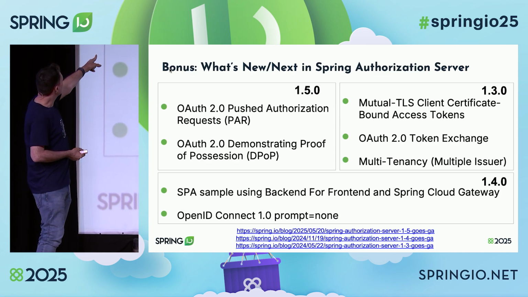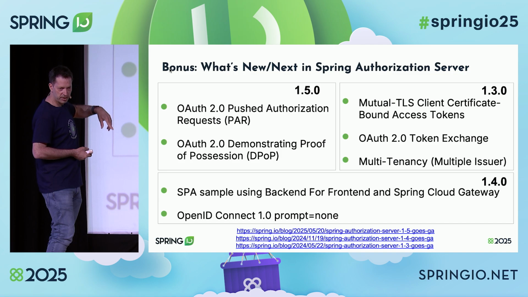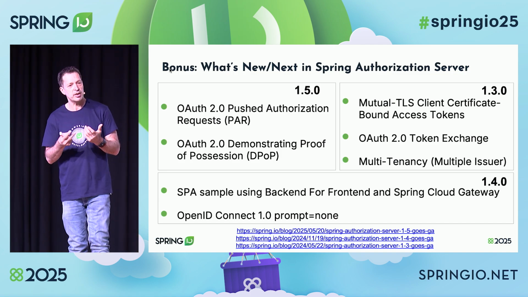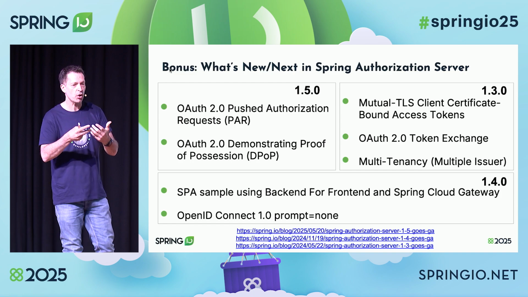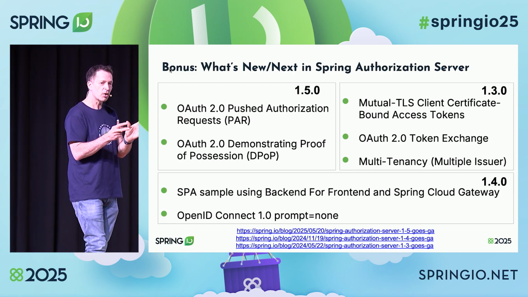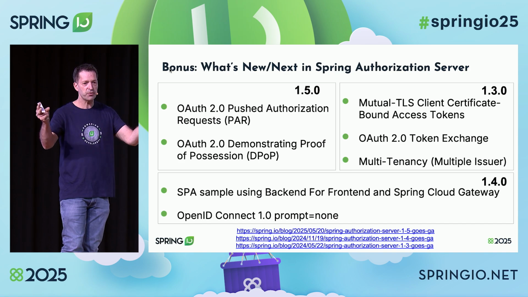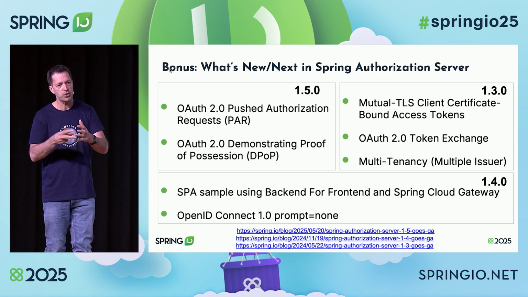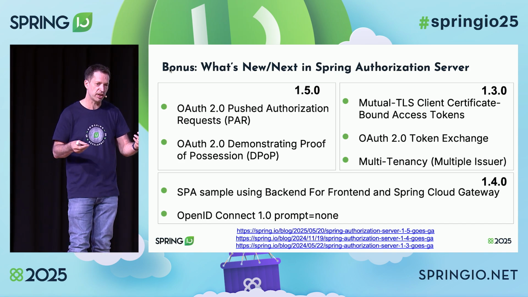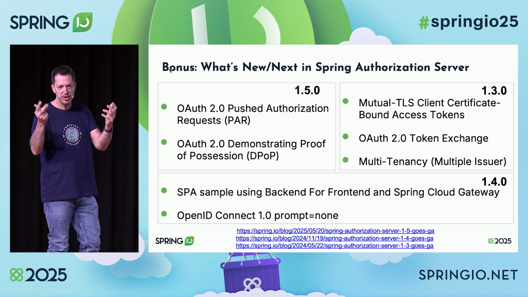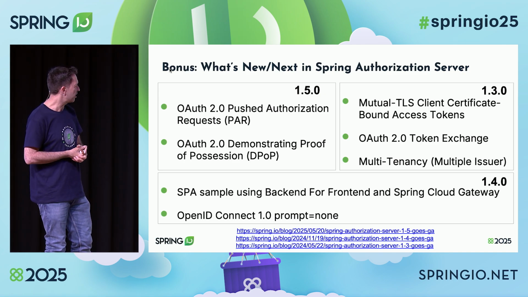And you also have a new one, the pushed authorization requests. As you have seen in OAuth 2, the original authorization request is sent as a GET request. So it puts lots of request parameters in a URL, which you usually shouldn't do, because it has the client ID and maybe some sensitive data inside.